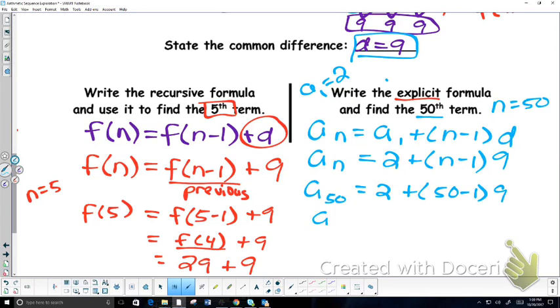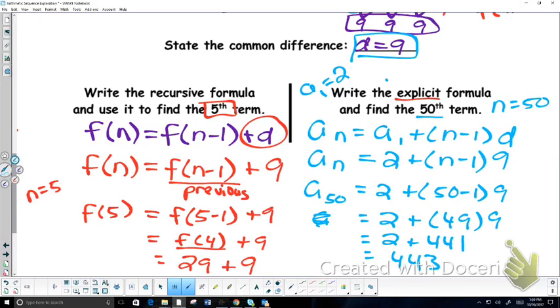So let's see. 2 plus, we've got 49 times 9. 50 minus 1 is 49. Then I would do 49 times 9. 441, and then you get 443. So the 50th term is 443.